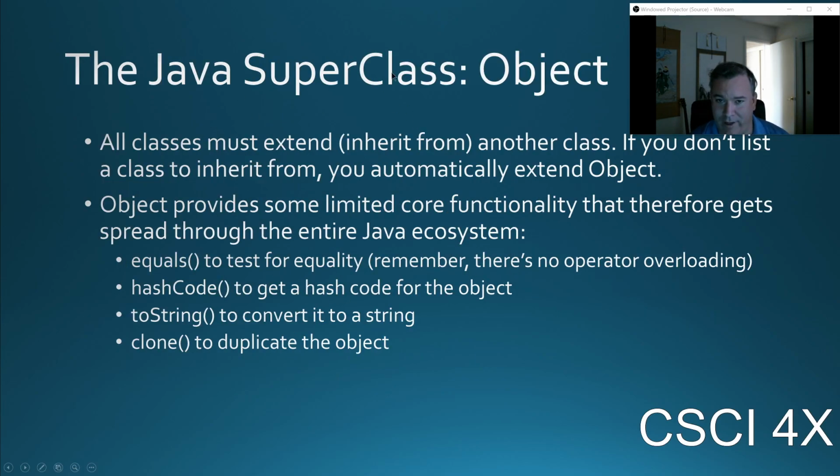Okay. All Java classes derive from Object. So capital O Object is the superclass that everything extends from. If you don't extend from something, you extend Object. And if you don't extend Object, then you extend from somebody that extends from Object, ultimately. So what's nice about this is that every class in Java has the following things.